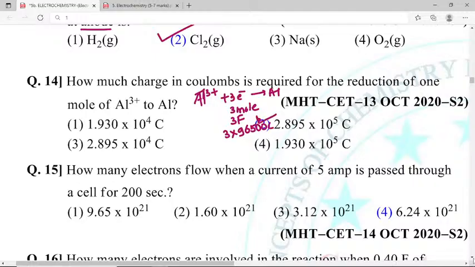So this is your answer in coulombs. Answer: 2.895 into 10 to the power 5.